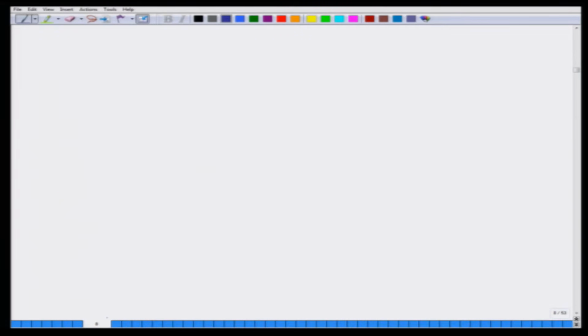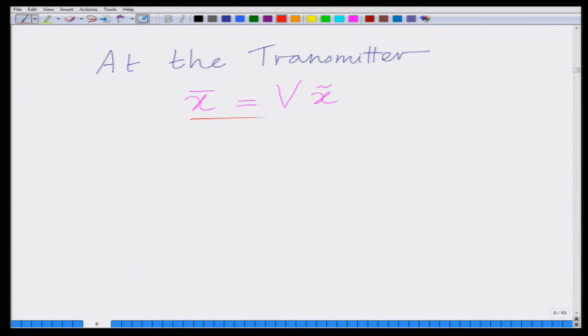Now, let us look at the pre-processing at the transmitter. At the transmitter I perform x bar equals V x tilde, which we also term as pre-coding.